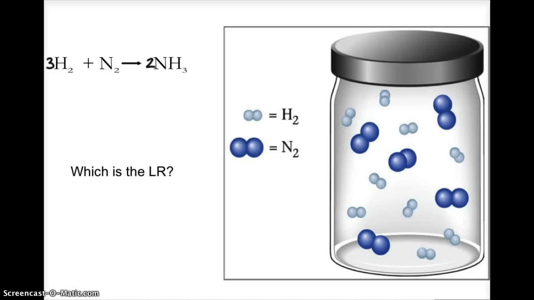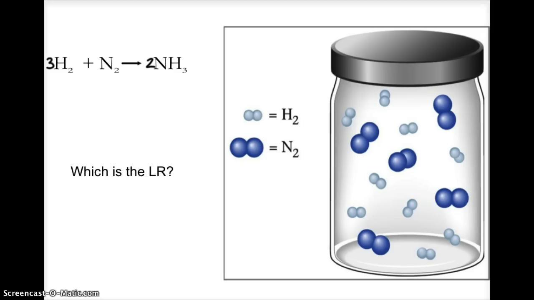Here you have an example of another type of problem where you would have to figure out the limiting reactant. Here you have 3 hydrogen plus nitrogen making 2 ammonias. When we look at this reaction as far as what is in the beaker here for you, you'll notice that you've got 6 N2 molecules and you have 1, 2, 3, 4, 5, 6, 7, 8, 9 H2 molecules.